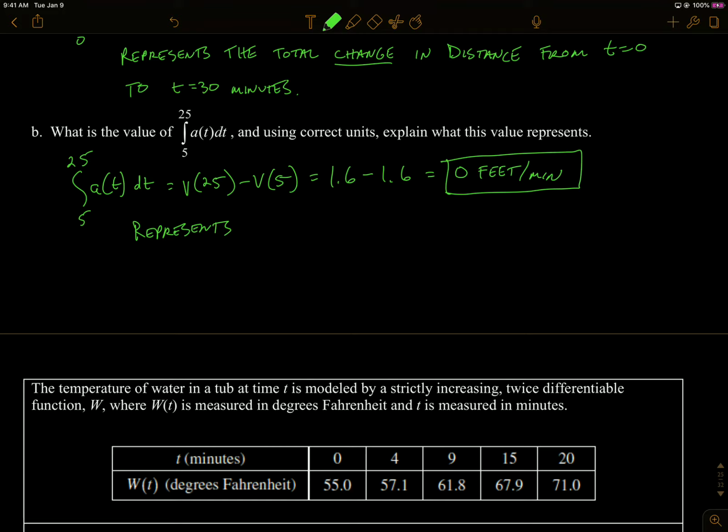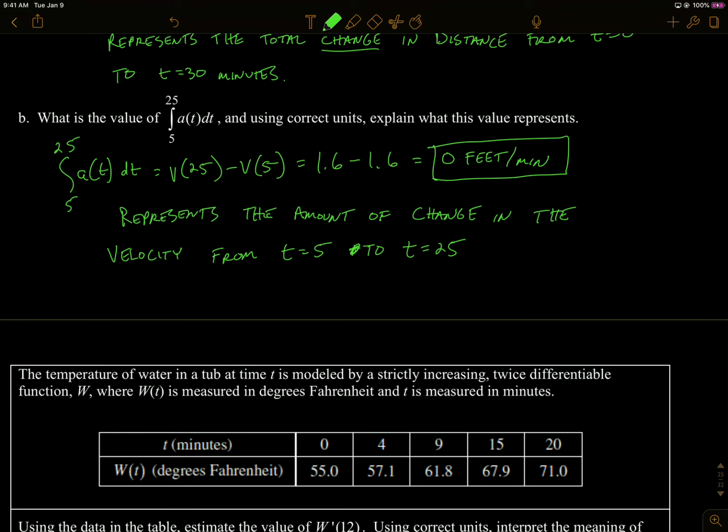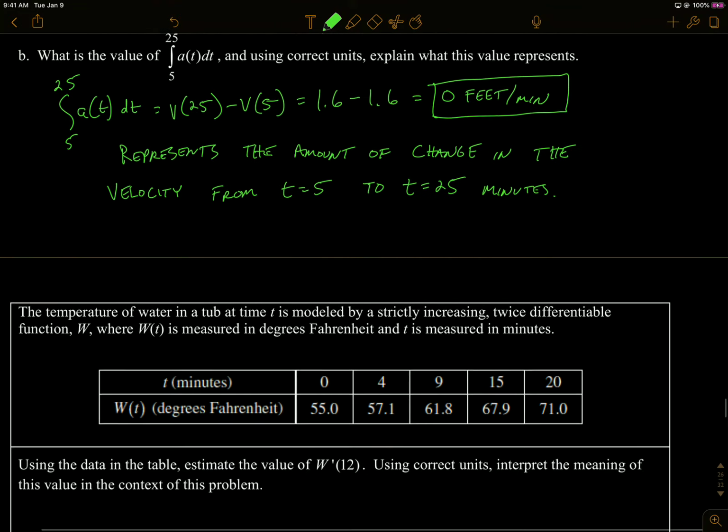It represents the amount of change, or the net change, from 5 to 25. That doesn't mean the velocity is 0. It just means the velocity at 25 is what it was at 5. There was no net change.